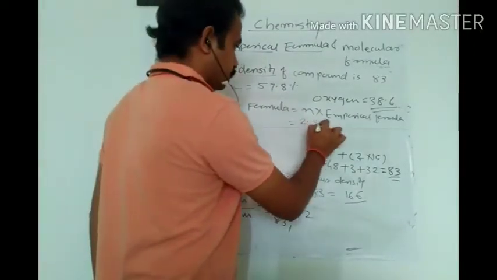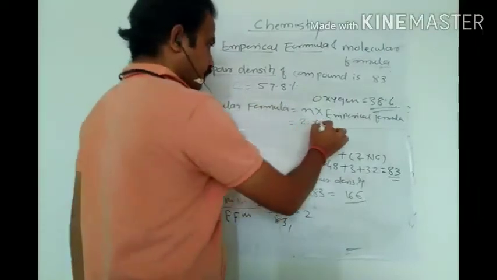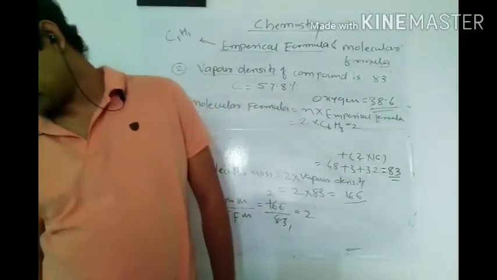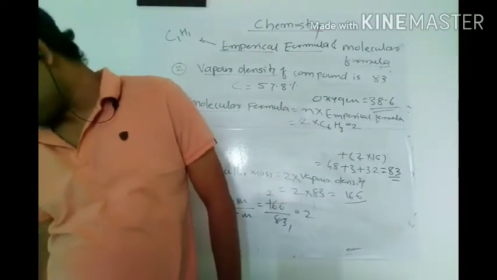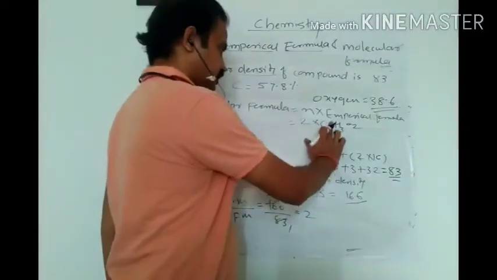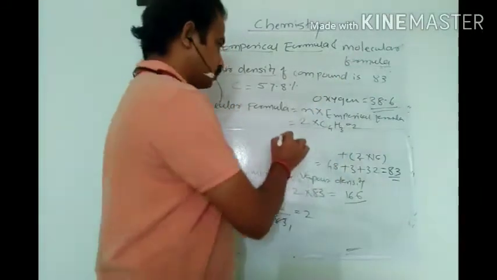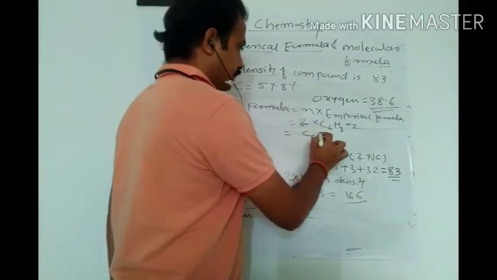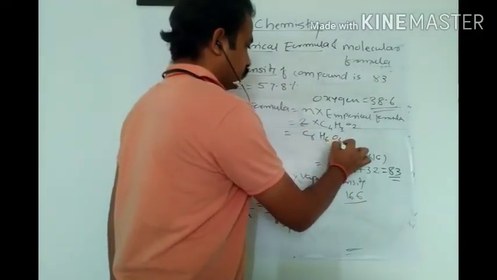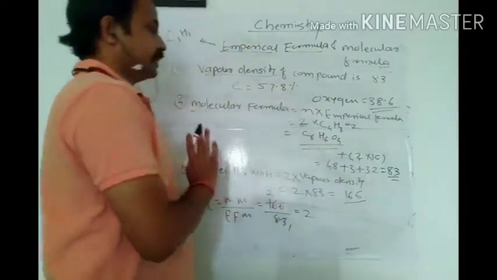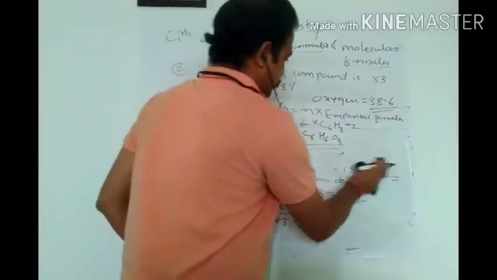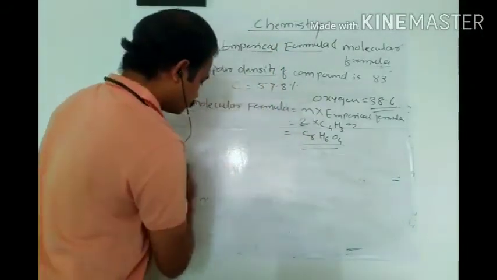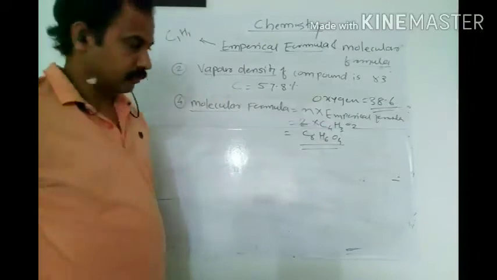So just put the value of 2, and the empirical formula is with us. It is C4H3O2. When I multiply this index by each term, it becomes C8, H6 and O4. So this is how you will get the molecular formula. Molecular formula is nothing but C8H6O4.